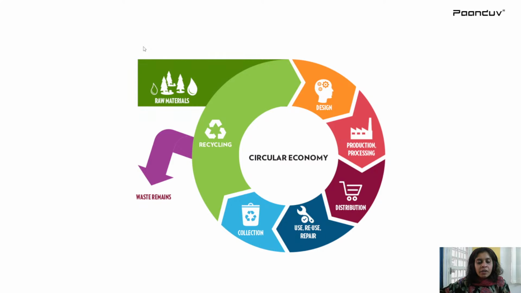Circular economy is also one concept where you use the raw materials, you design, you manufacture, you produce something through it, distribute, you can reuse, repair, collect, and then use it for as long as possible, through which waste minimization can be obtained, and also the life cycle of the raw material can be improved.